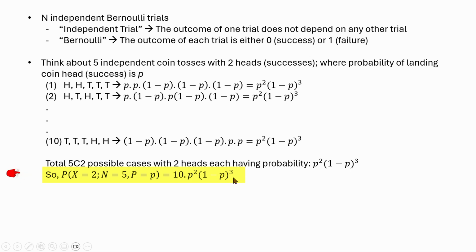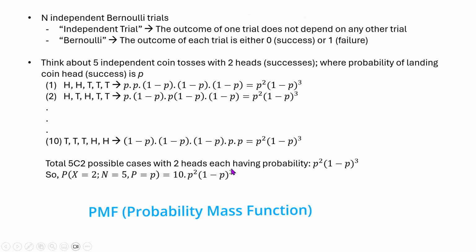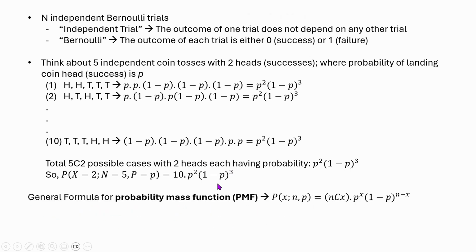Now I think you already understood how the PDF, or probability distribution function, looks like. I shouldn't say PDF here because this is a discrete distribution. So I should say rather PMF, probability mass function. It will look something like this. So there are n trials, nCx, where x is the number of successes.